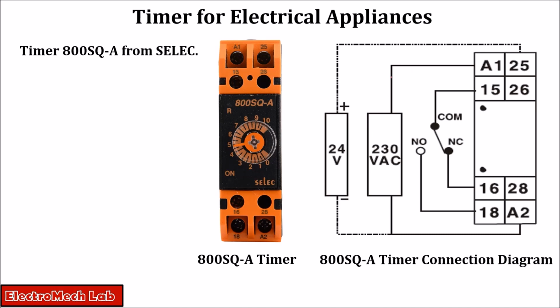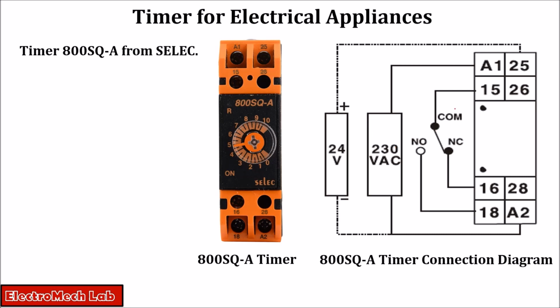There are two options. You can power it up with 230 volt AC or 24 volt DC. But in this application I'm going to use only 230 volt AC because I will be powering up my appliance with this voltage. I will tell you the powering up options in detail.